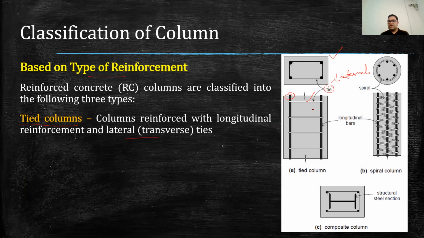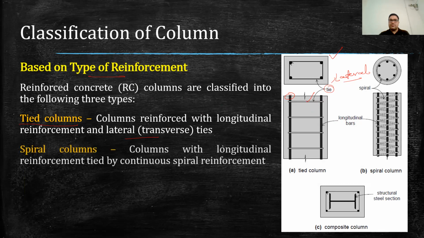These lateral ties are similar to the stirrups that we generally provide in the beam, but in beam, stirrups have a different function. Here we use the same ring, but the name is different and the function is different. So the column is a tied column when we provide lateral ties in it. Similarly, it can be a spiral column.